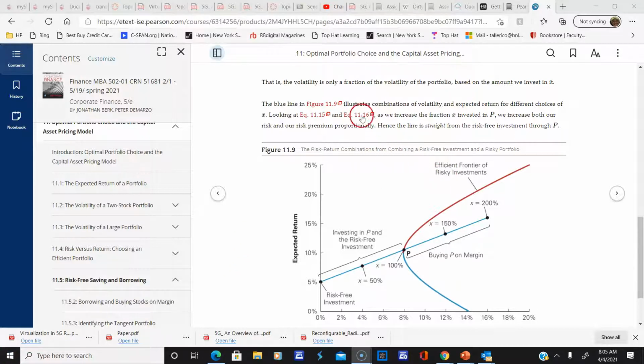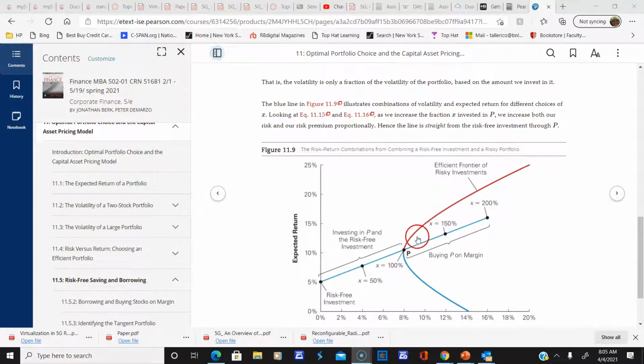So if you look at the two equations we just showed, which are very similar to 11.3 and 11.8, if we increase the fraction X invested in P, we're going to increase our risk, and you could clearly see the risk going up here, and our risk premium proportionally.